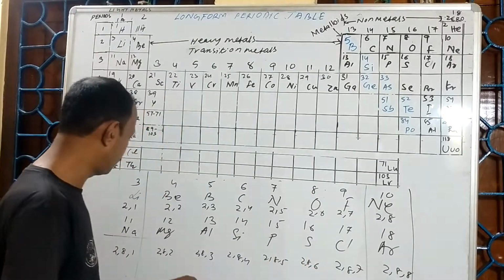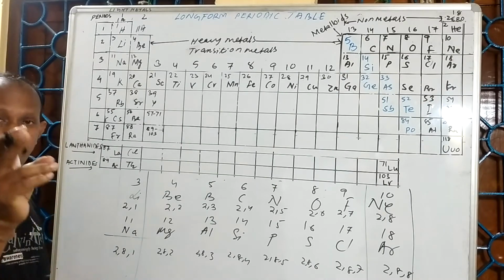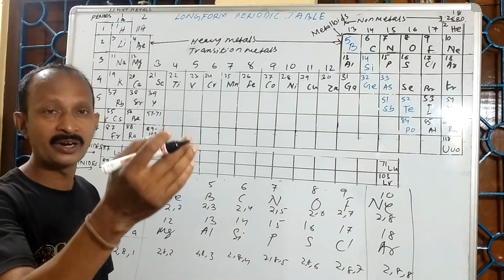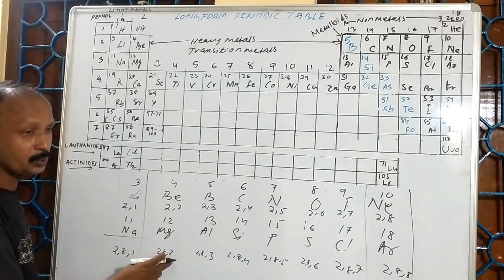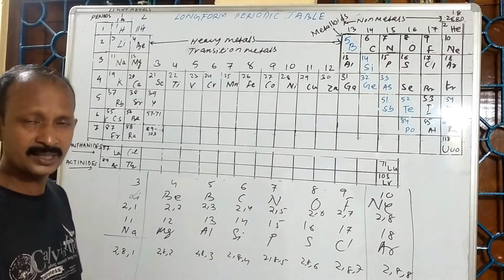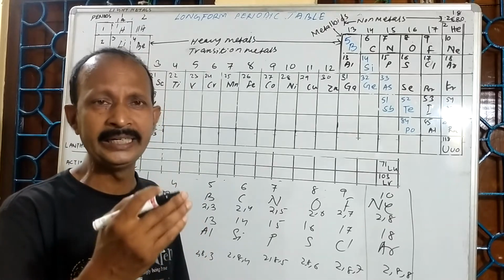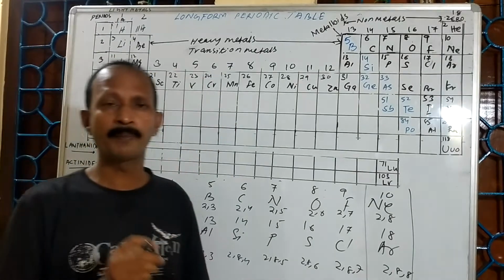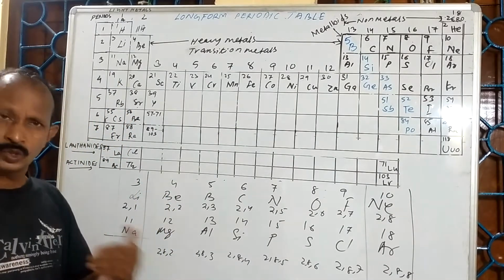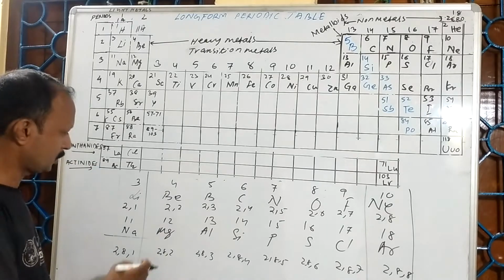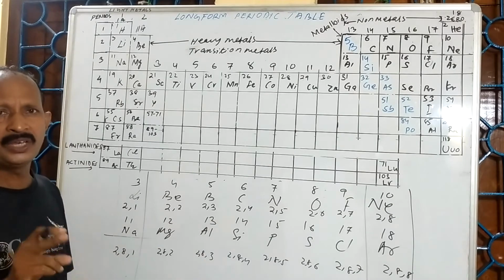So I can say that their electronic configuration is repeated after regular intervals. Here 2,2, and here also 2,8,2. That means electronic configuration is repeated periodically, because the properties of an element depend upon the valence electron. So the valence electrons repeat periodically, and it shows the periodicity.